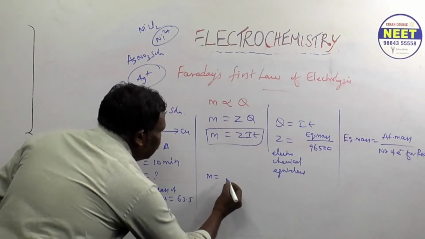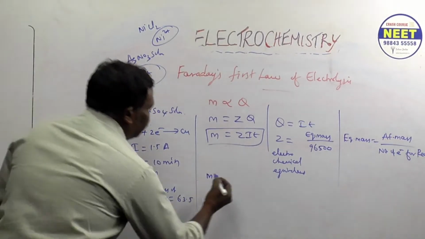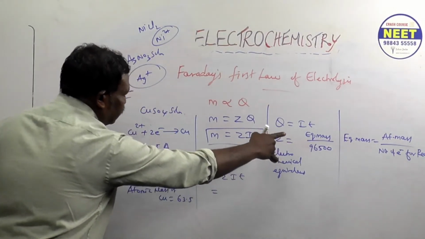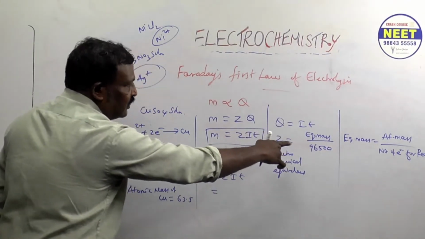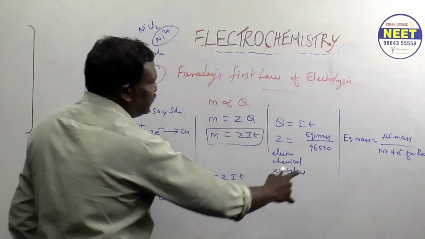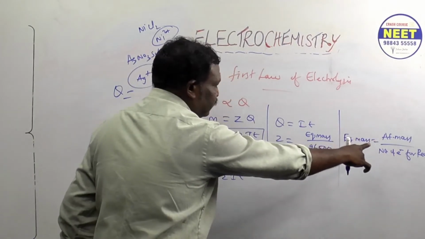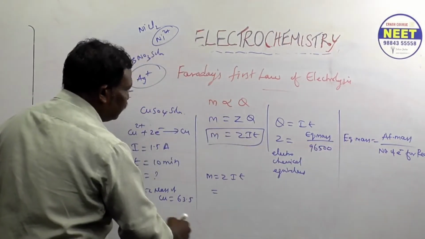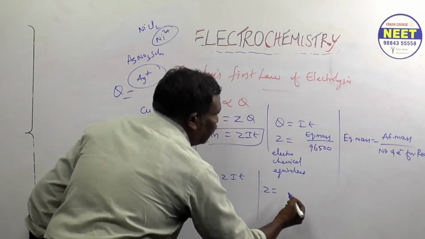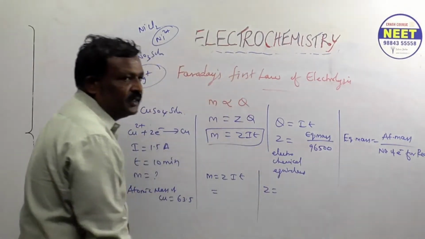M is equal to Z I T. Z is what? Equivalent mass by 96500. Now, equivalent mass? Atomic mass by the number of electrons for reduction. So Z is atomic mass by the number of electrons for reduction.